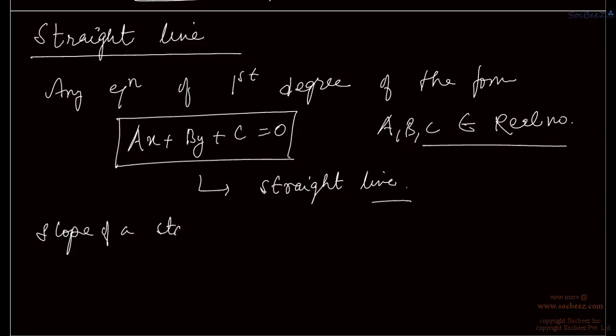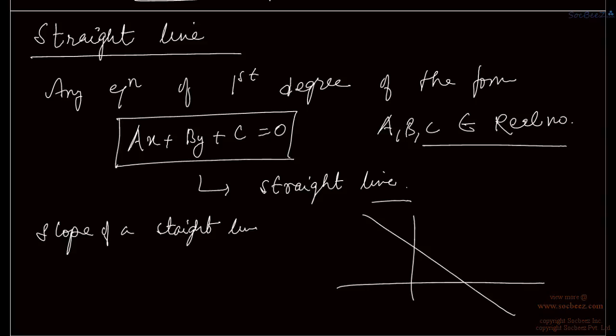Slope of a straight line. Say this is a straight line. Okay, the slope of a straight line is defined as tan of the angle between the straight line and the x-axis in the positive direction. Positive direction is the rotation in anti-clockwise direction.